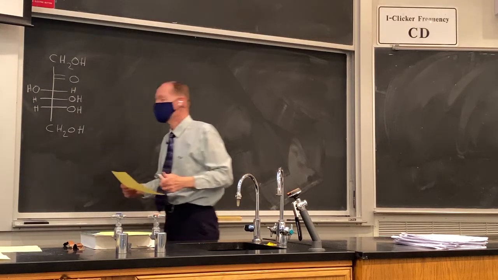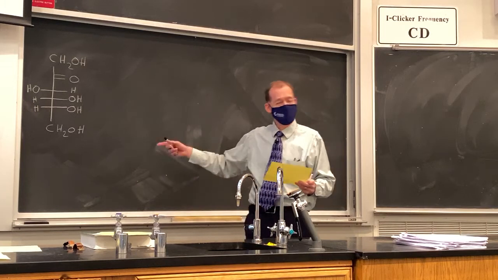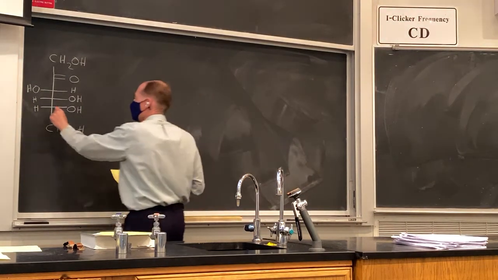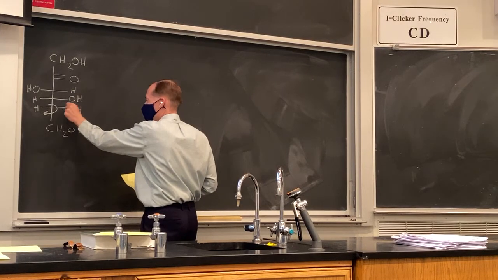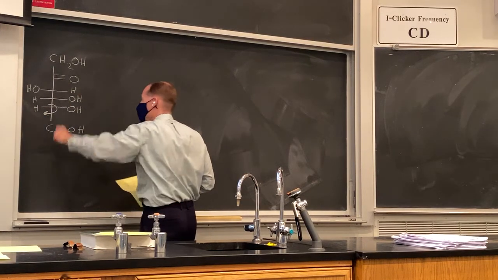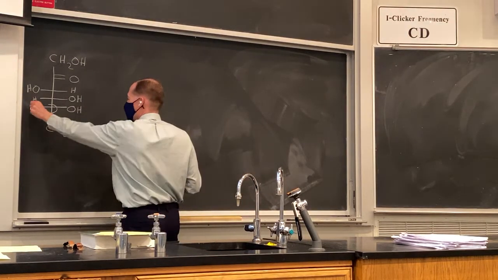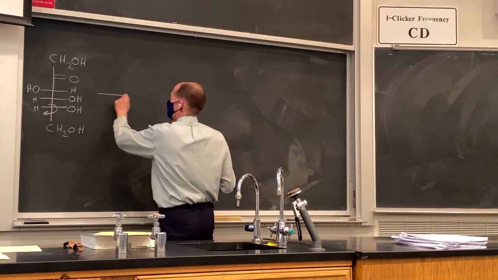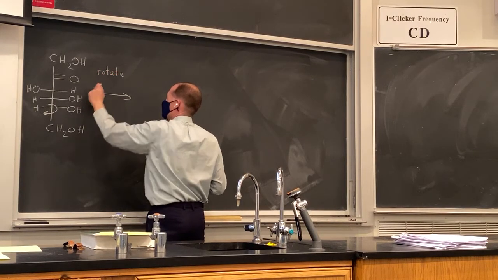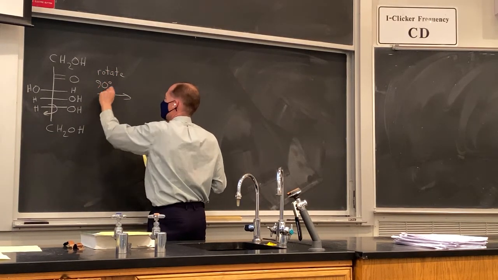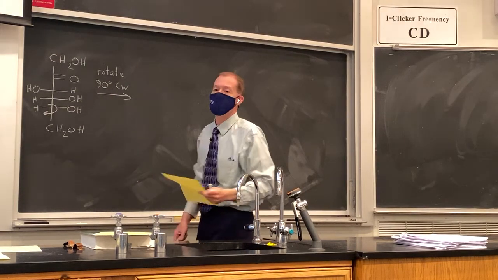So the first thing we do, we rotate 90 degrees about C5 to put the secondary alcohol in line with our carbonyl. And then that moves the primary alcohol over here. And then remember, we're going to combine two steps here because we did them separately on Friday. Then we're going to rotate the whole thing 90 degrees clockwise.